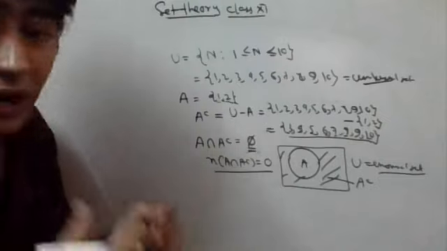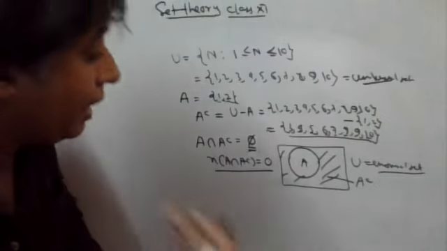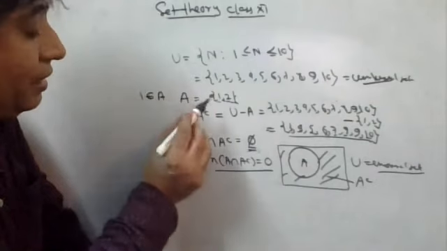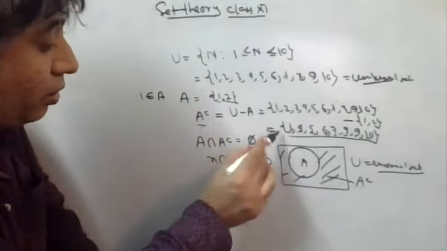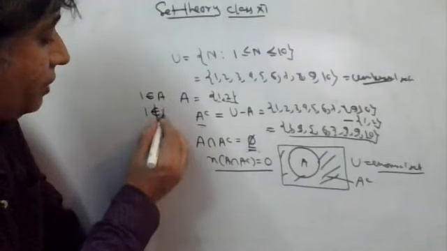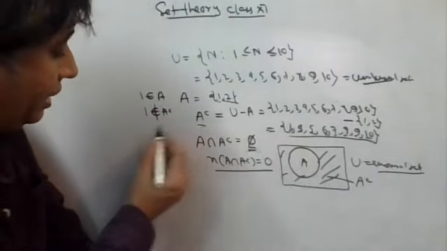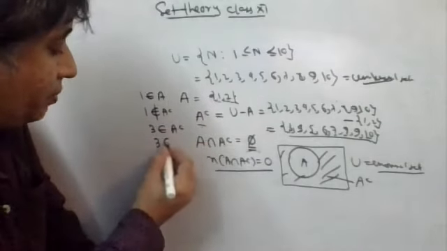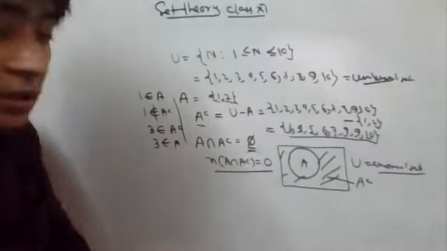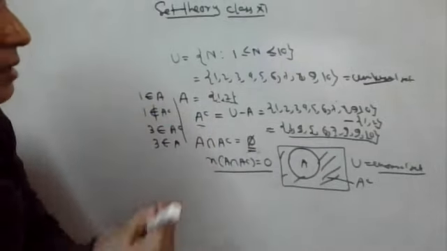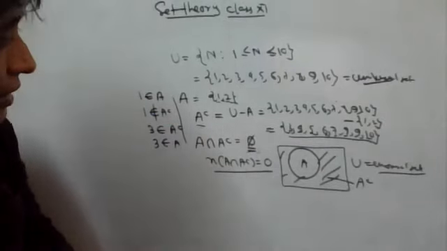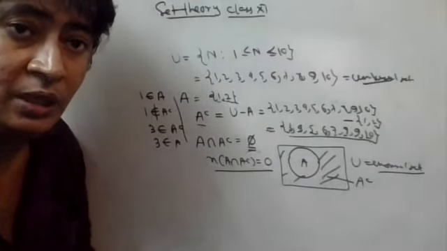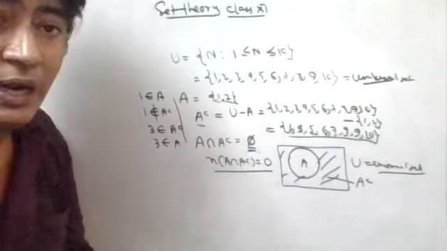Again, one example: 1 belongs to A, but 1 does not belong to A complement. Or 3 belongs to A complement, which means 3 does not belong to A. Understood? This is a simple example to comprehend the set and its complement. Hope you understood. I'm going to skip to the next part.